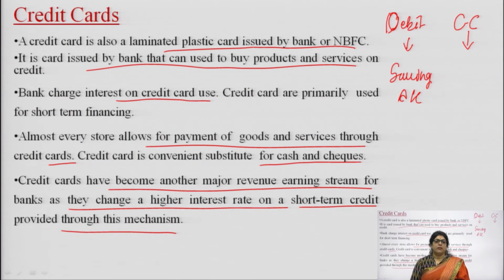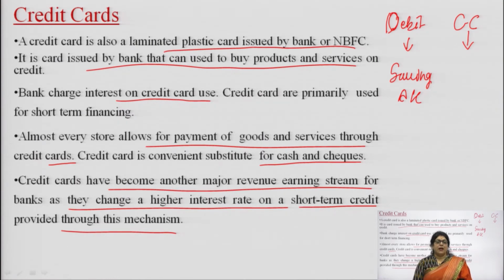That is why they are coming with the credit card facility. By this credit card facility, you are not supposed to carry any cash with you. You simply ask for the payment to be done in credit form, and the bank is providing you this facility so that you are not supposed to carry cash with you and you use the credit card.